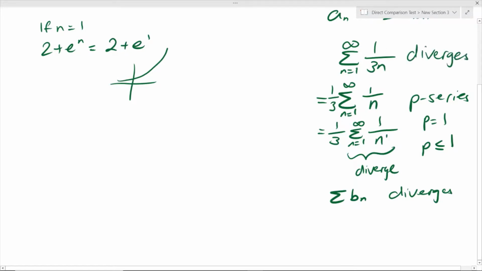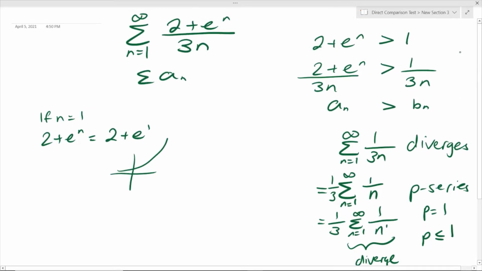And since our bn diverges, and according to the direct comparison test, if an is greater than bn, that means if bn is less than or equal to an, and the smaller one diverges, then that basically makes the bigger one diverge as well.